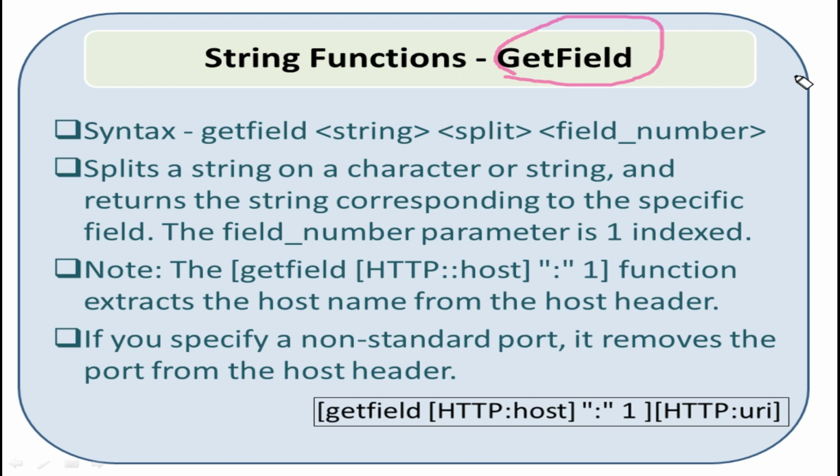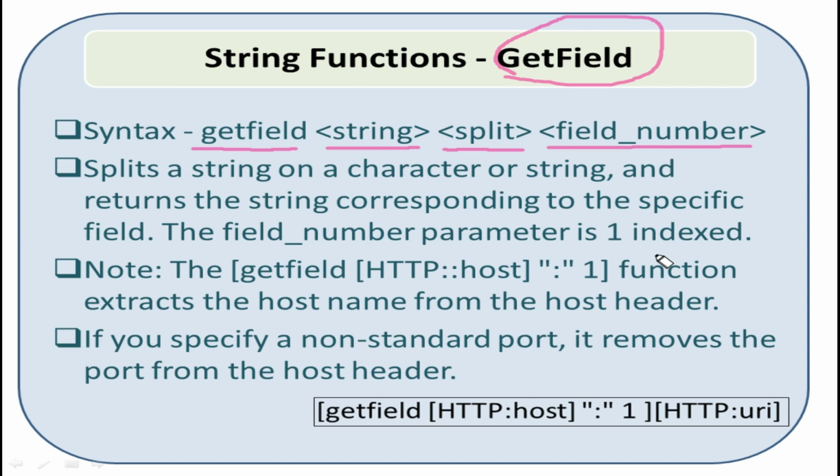If you talk about getField, the syntax is mentioned over there: you need to write getField, then whatever string you have, and if you want to split it with some delimiter, you can provide that, and from which index number you want to start, what is the field number, you can provide that. So your string would be split on such characters.